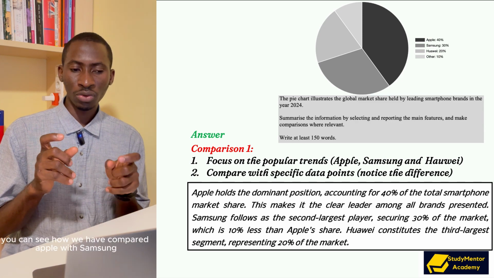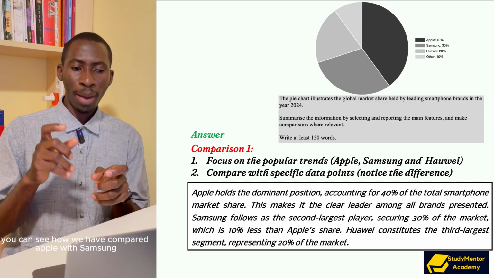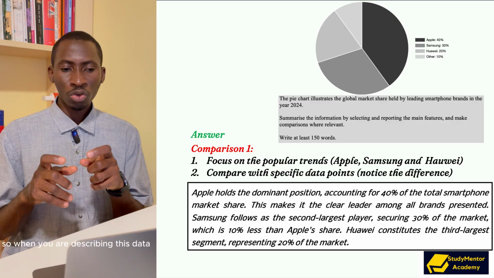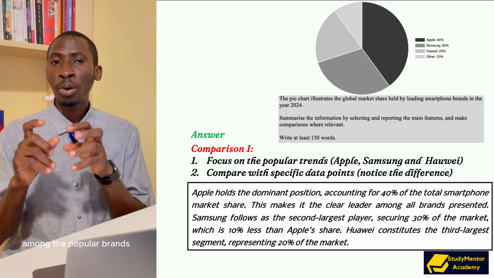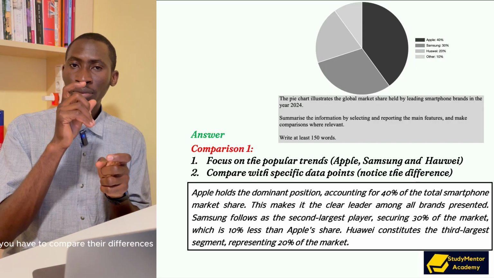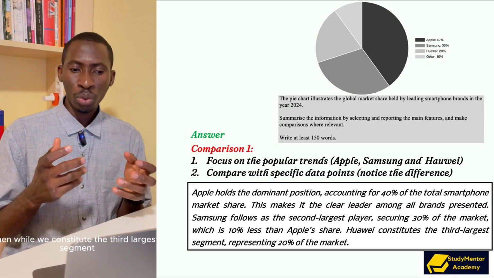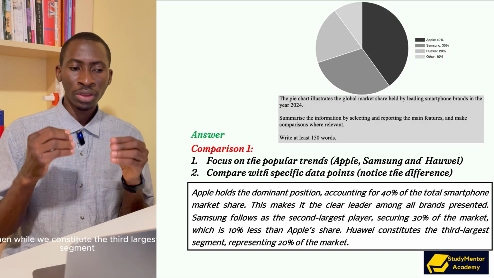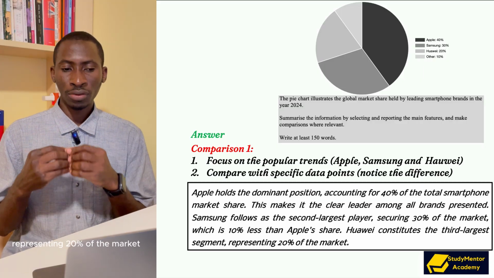So in this case, you could see how we have compared Apple with Samsung. So when you are describing this data among the popular brands, you have to compare their differences. You have to mention their differences. Then Huawei constitutes the third largest segment, representing 20% of the market.